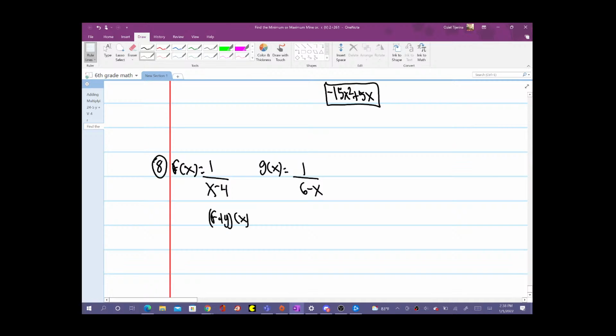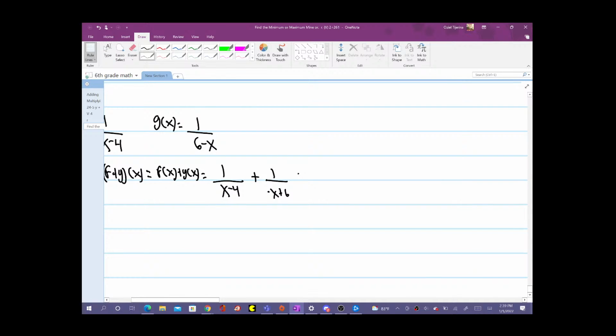So we have f plus g of x. So it's going to be f of x plus g of x. So this is going to be equal to 1 over x minus 4 plus 1 over 6 minus x. This then becomes negative x plus 6 plus x minus 4 over negative x plus 6 times x minus 4, because we're doing the butterfly method.